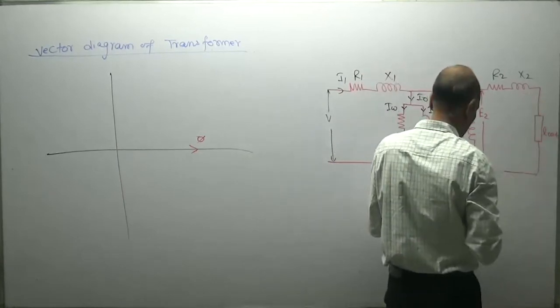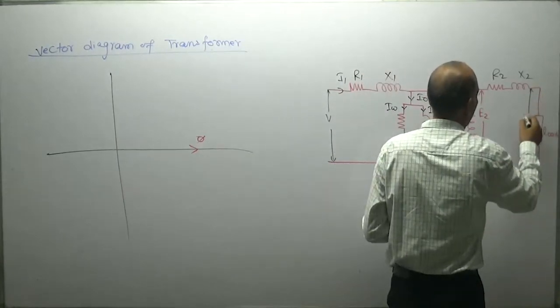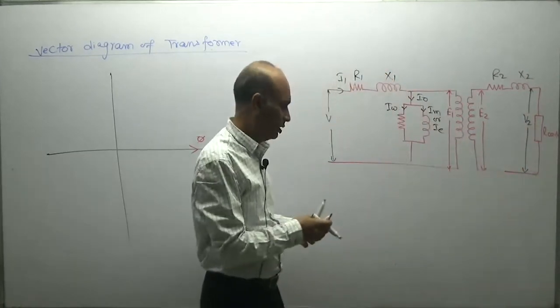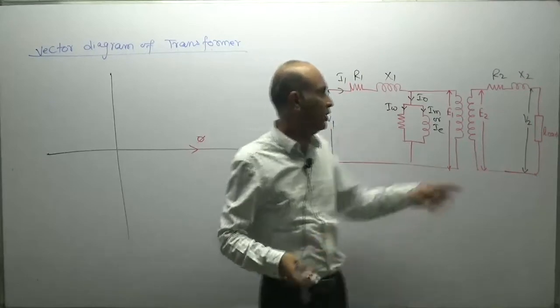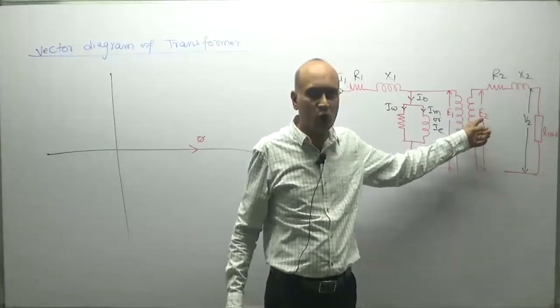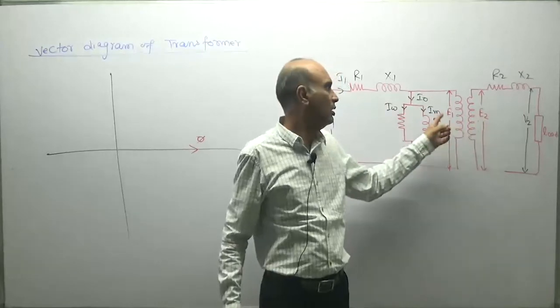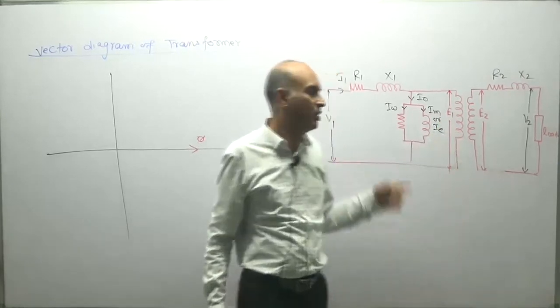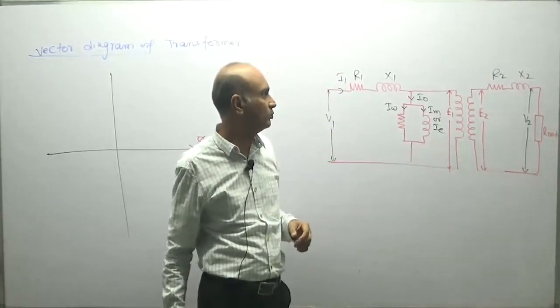It is V2. V2 is called terminal voltage. E2 is the induced voltage at secondary side. E1 is the induced voltage at primary side. V1 is the applied voltage.